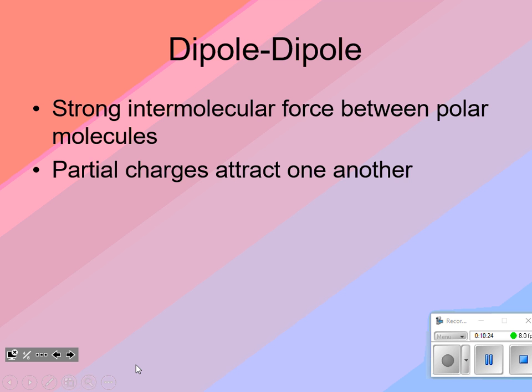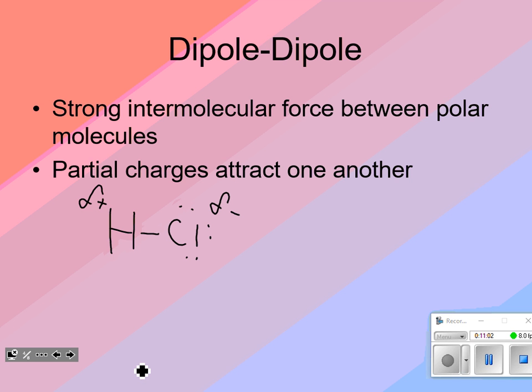The last thing I'm going to do for dipole-dipole is draw an example of this. And actually, it's going to be the exact same example I have up on the whiteboard here, but that way you have it in your notes as well. Hydrogen chloride is a polar covalent molecule. I know this because chlorine is more electronegative than hydrogen, trends in the periodic table that we covered earlier in the year.